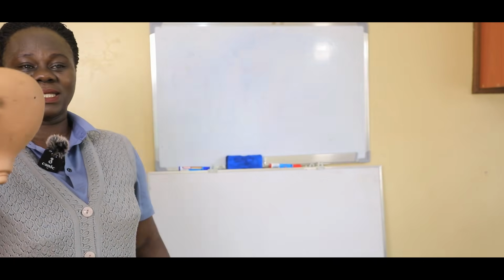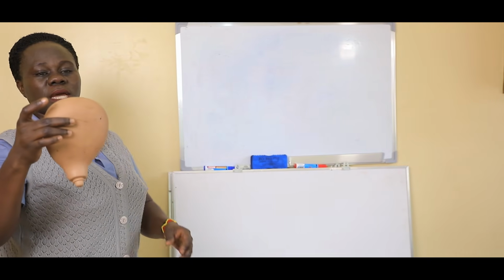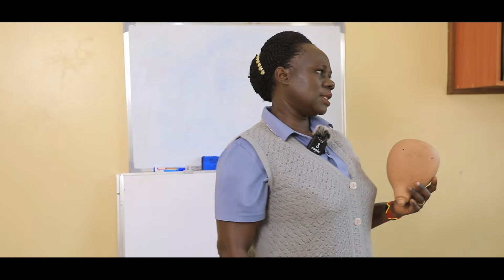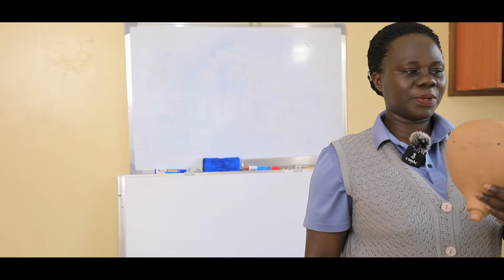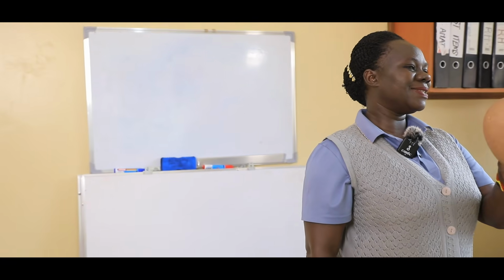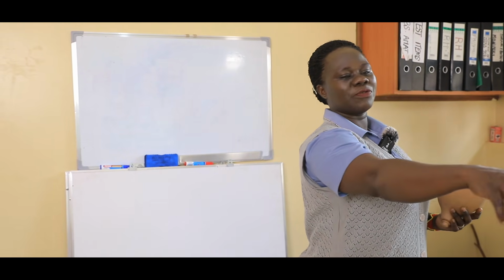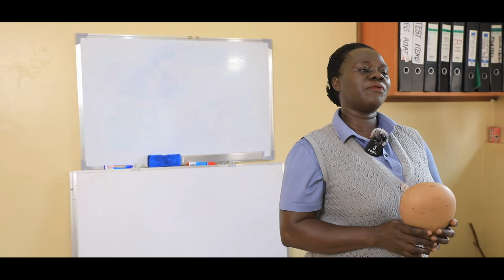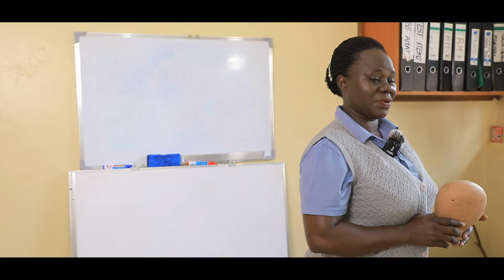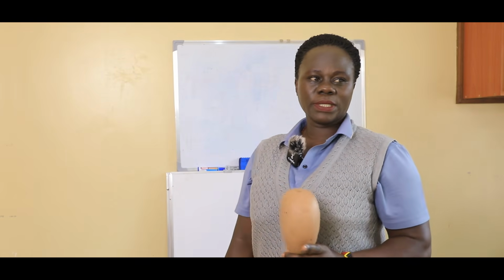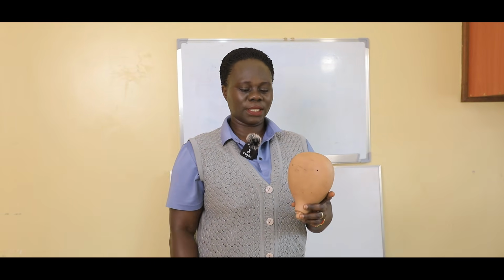Those great people who studied anatomy and gave us the information looked at this and saw that it is an avocado shape, or you could say it is a pear shape. Are you able to see? This is our uterus, as long as you are a female. Males don't have a uterus. Okay.